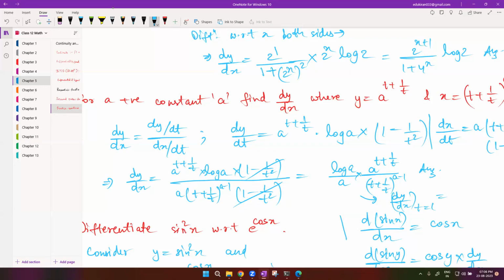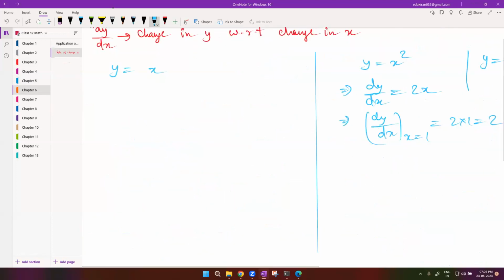So this will be a square, and this will become log a divided by 2 to the power a minus 1. That will be the answer if you want to find out dy by dx at t is equal to 1. Similarly, as we have applied dy by dx here, we can find out the values at different points.